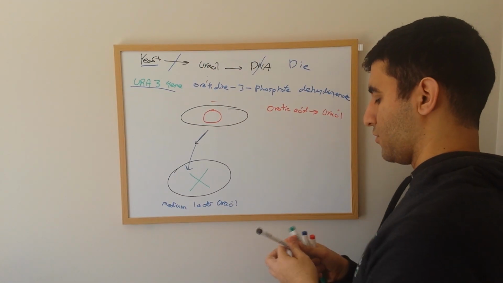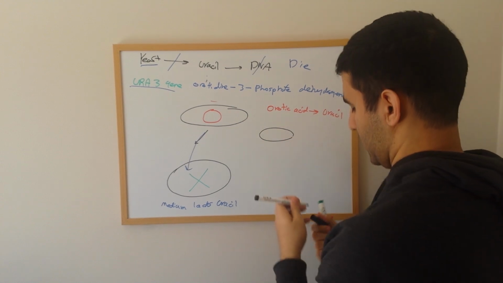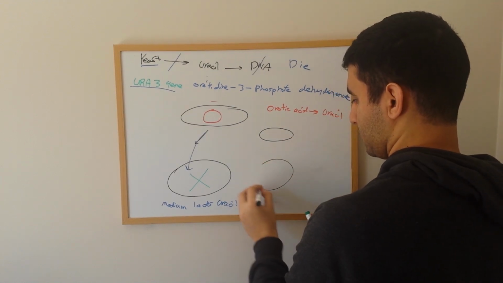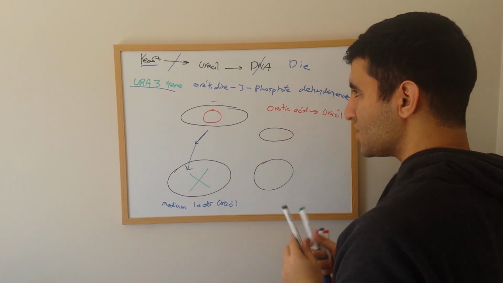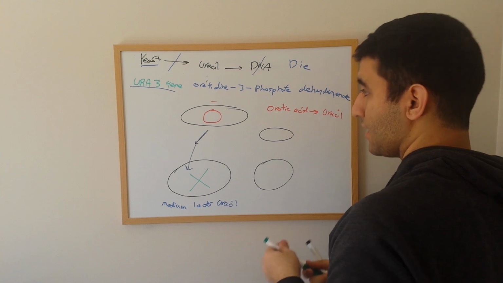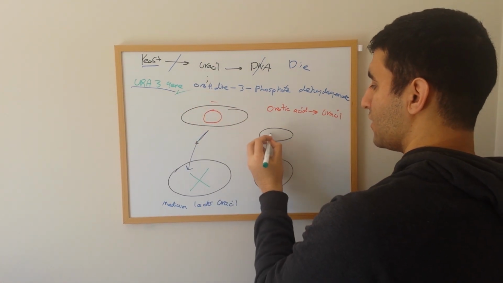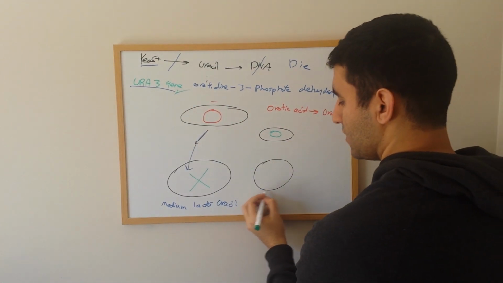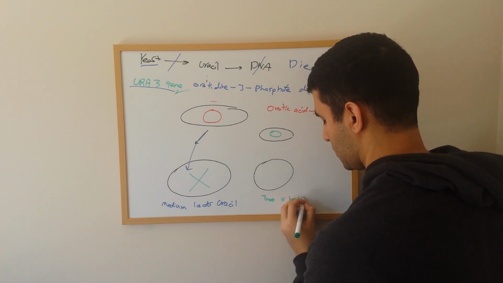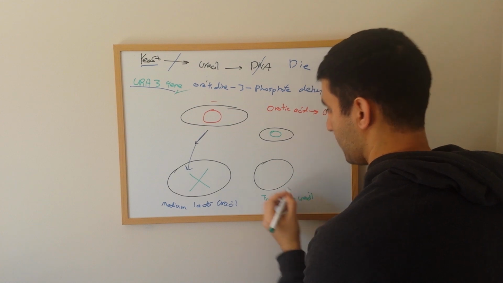But keep in mind that, for example, you have another yeast, but this time you add that URA3 gene. In the medium there is no uracil, right?